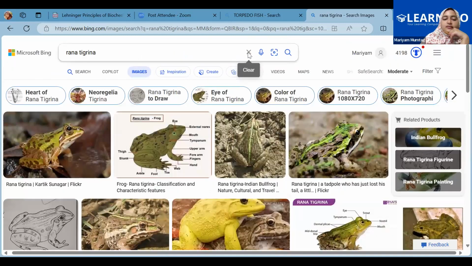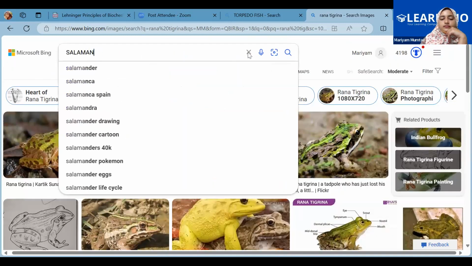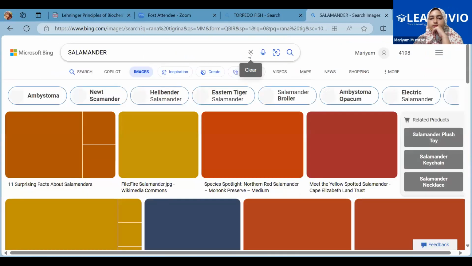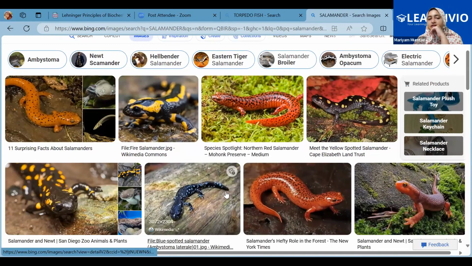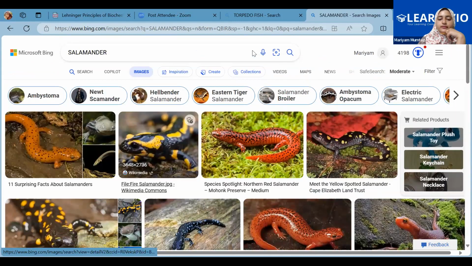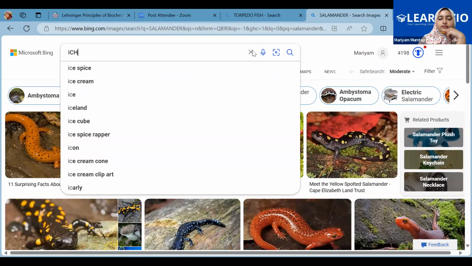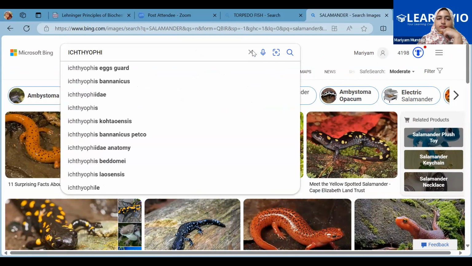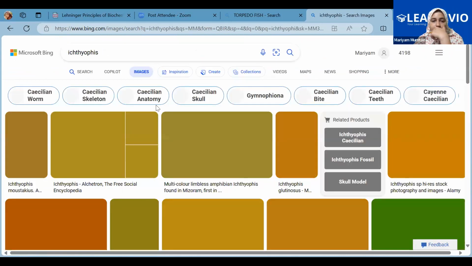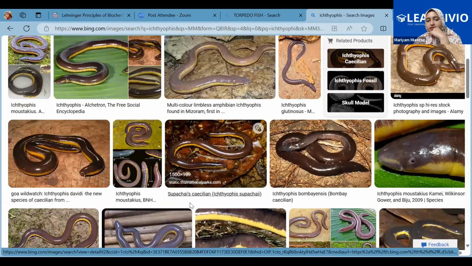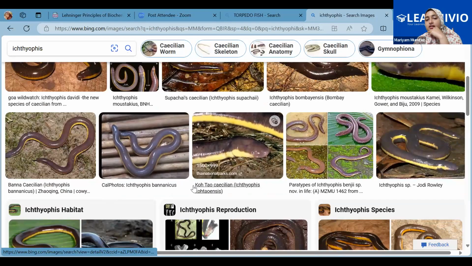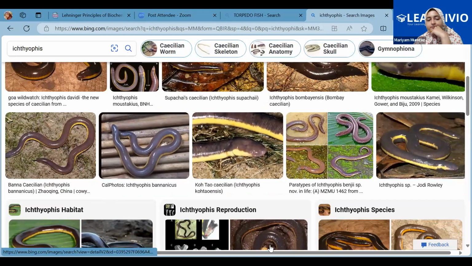Then we have salamander. This is the only amphibian with a tail. Do you see the tail? Then we have ichthyophis. Sort of looks like a snake, but it's not a snake. That is an amphibian.